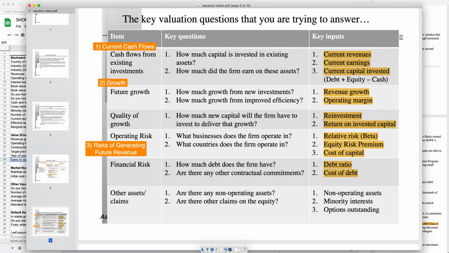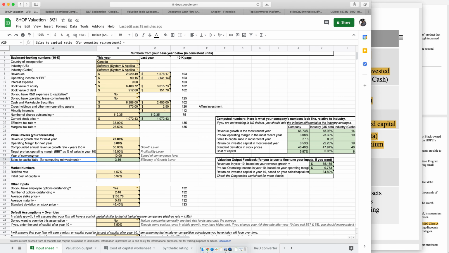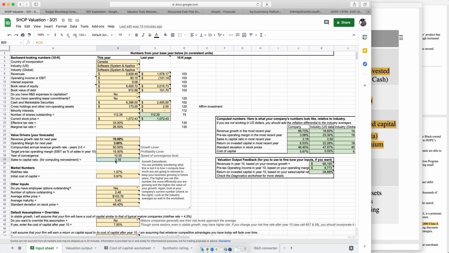This captures that efficiency, because it basically says: for all the money I spend to plug back into my company, how many units of sales do I get for every dollar of capital I put in? In general, you want this to be as high as possible, because the higher it is, the more sales and revenue you make for every unit of capital you put in. And it looks like it calculated this for us.